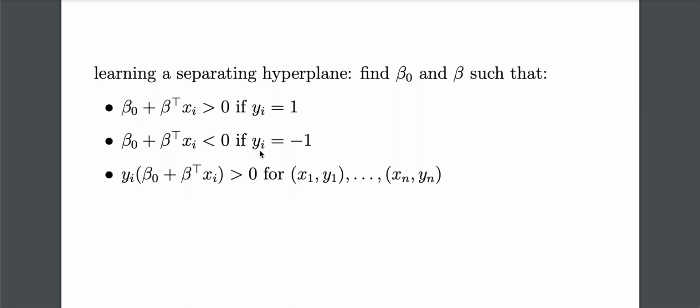If yi is -1, then the negative of this quantity is positive. And the way to put them together is this. So essentially, we want to find beta 0 and beta such that for all data points we have, yi times (beta 0 plus beta transpose xi) is greater than 0. That's what we want.